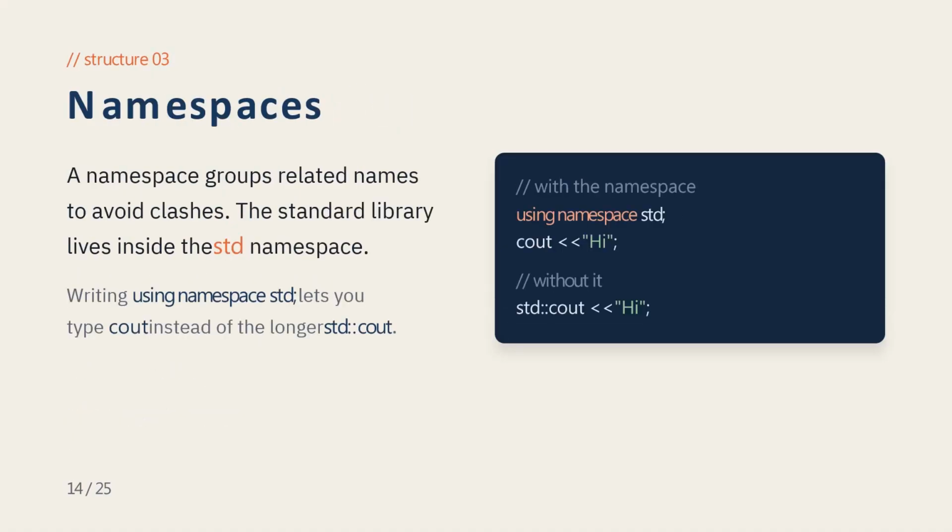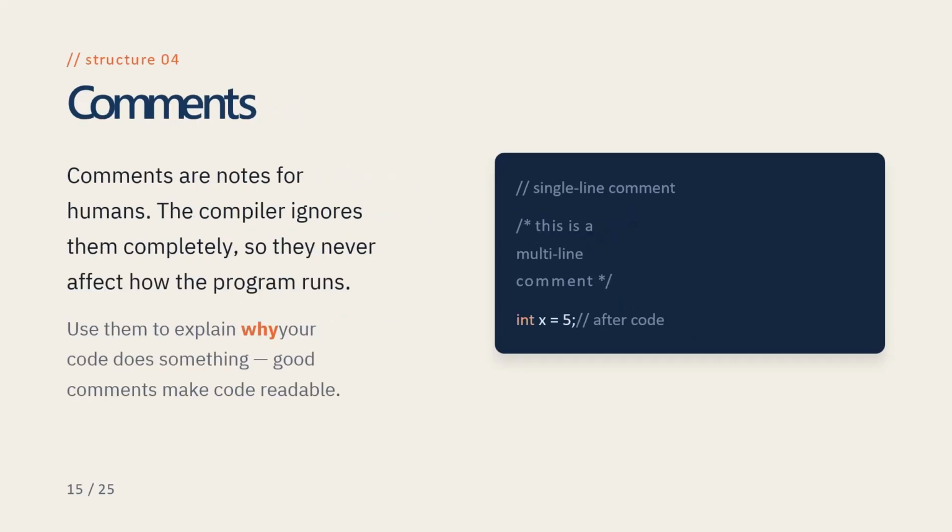Next is namespaces. Namespace is used to organize identifiers and avoid naming conflicts. Most standard library functions belong to the std namespace. Next come the comments. Comments are notes written for programmers. They improve readability and documentation but are ignored by the compiler.